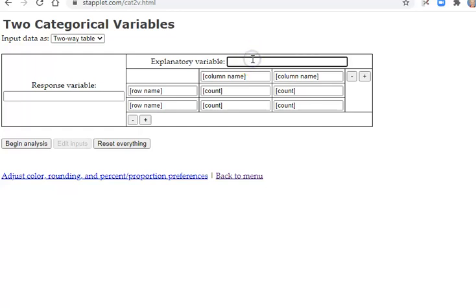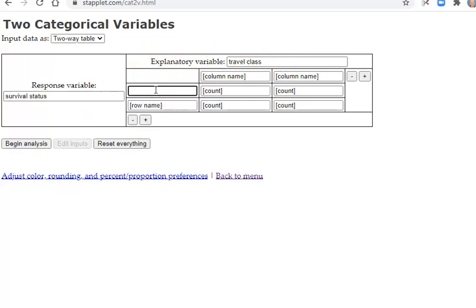So we're going to make the explanatory variable the travel class. So type travel class here. The response variable is survival status. Survival status means they either lived or they died. So these are two variables, travel class and survival status.